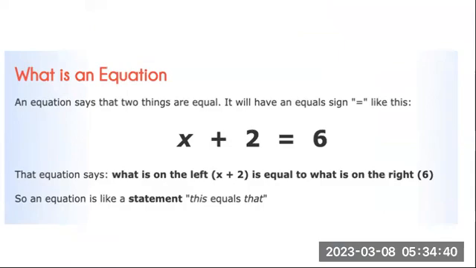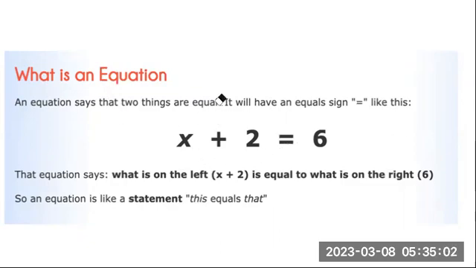Now in algebra, we have what we call an equation. Now what is an equation? An equation says that two things are equal. It will have an equal sign like this. For example, we have x plus 2 equal to 6. Now, what does that mean?